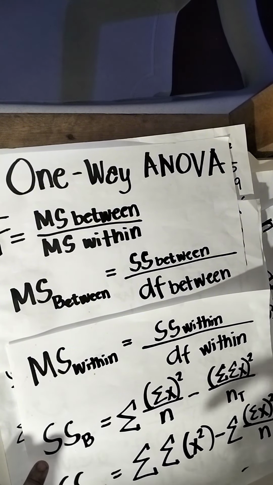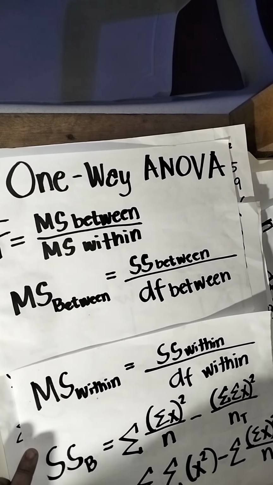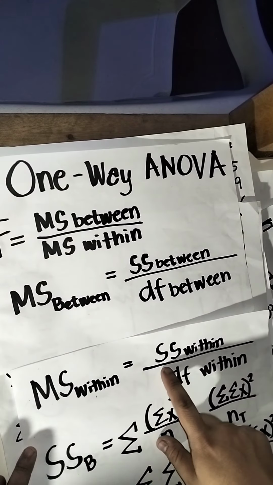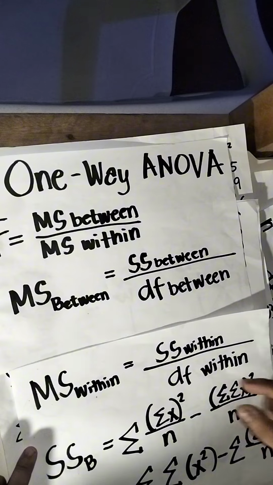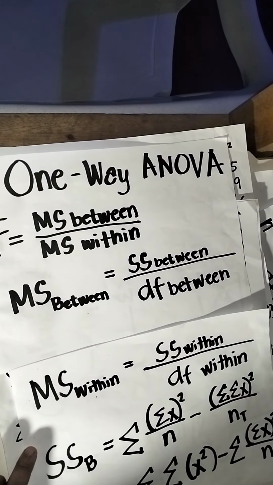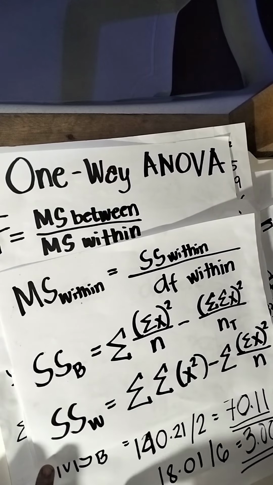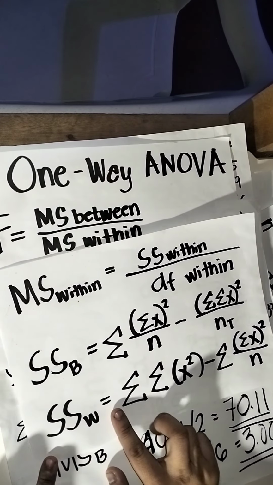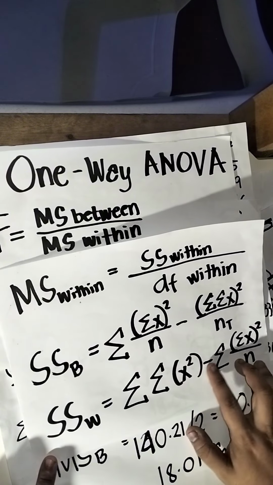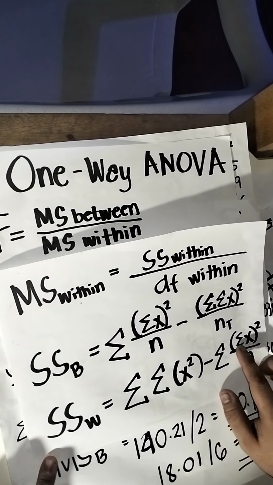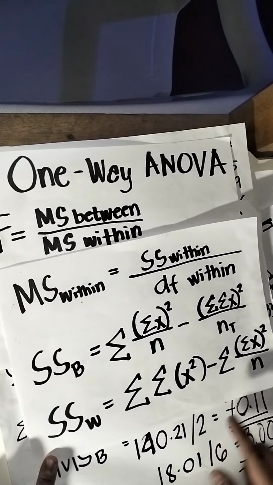Okay. Now, we also have SS within. For our MS within, we have SS within divided by the degree of freedom within. So what is the formula for SS within? Here we have the formula. SS within is equal to the summation of x squared minus the summation of x raised to the power of 2 divided by n.